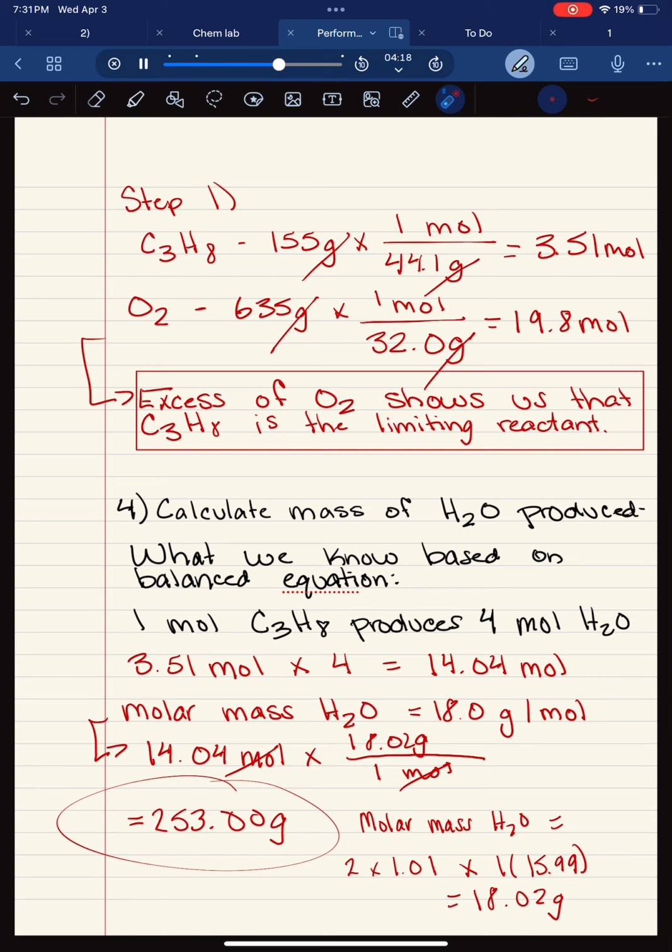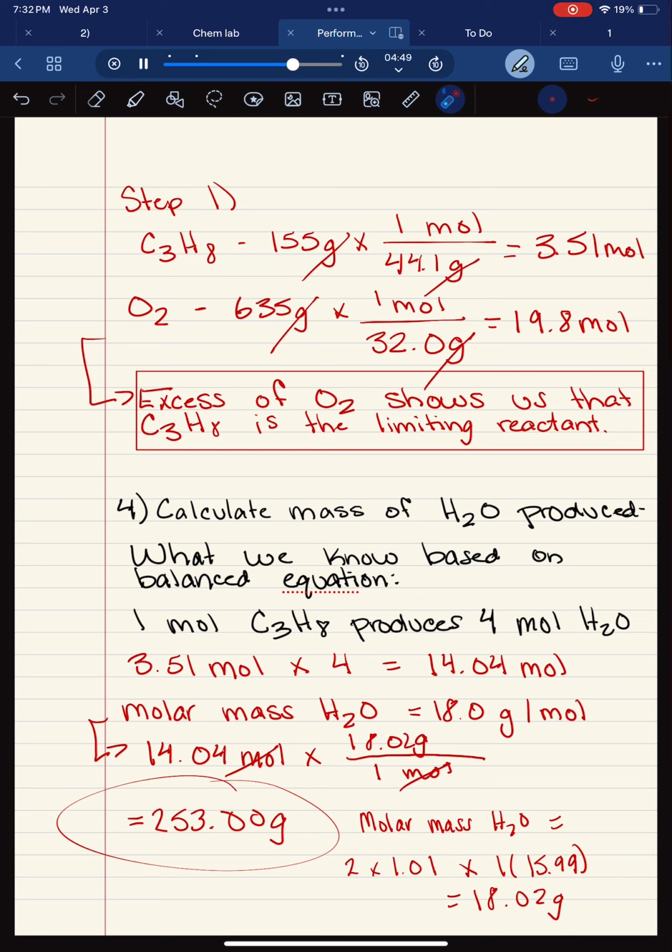Next, we're going to calculate the mass of H2O produced. So what we know based off of our balanced equation is that 1 mole of C3H8 produces 4 moles of H2O. So we're going to multiply 3.51 moles, which we got up here, that's our C3H8, times 4.